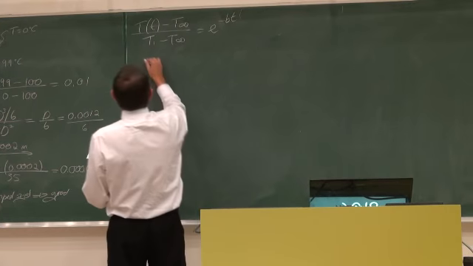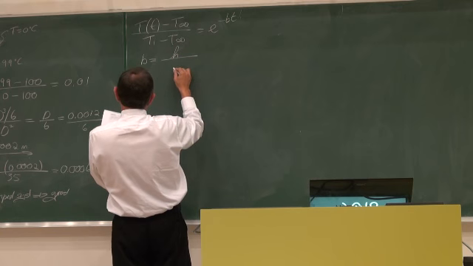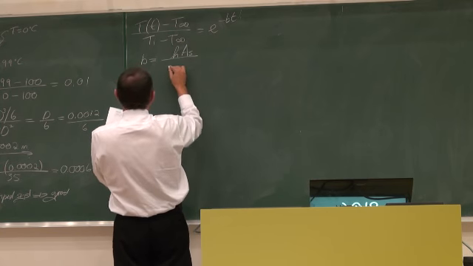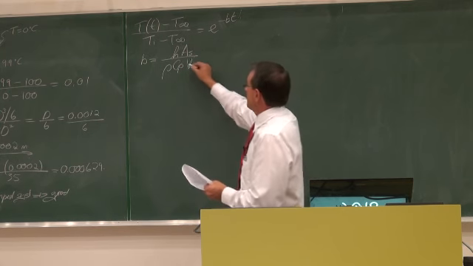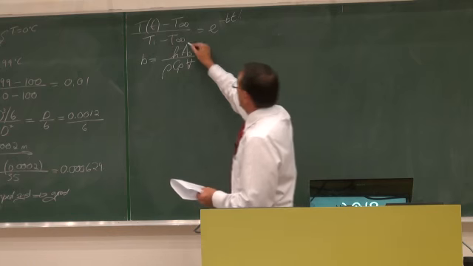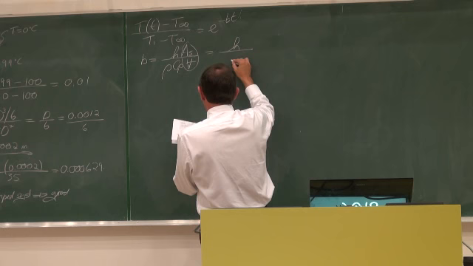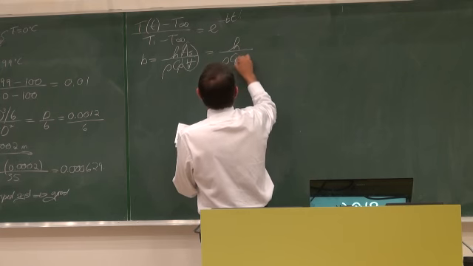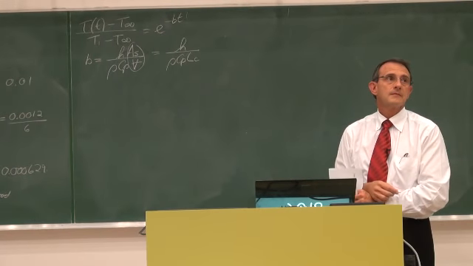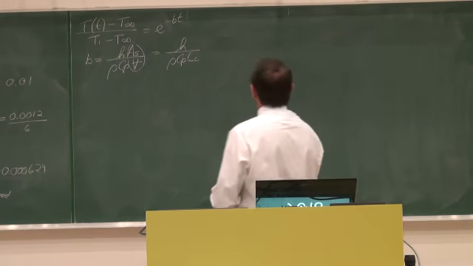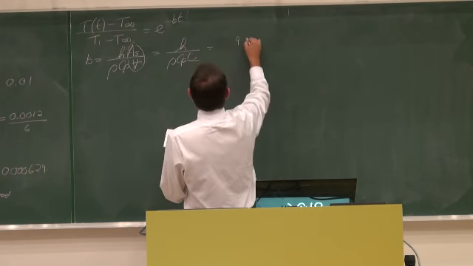Okay, so we need to calculate B, and B is equal to the heat transfer coefficient multiplied by the surface area divided by rho Cp and the volume. Those two can be written as the heat transfer coefficient divided by rho Cp and the characteristic length. The heat transfer coefficient is 90.